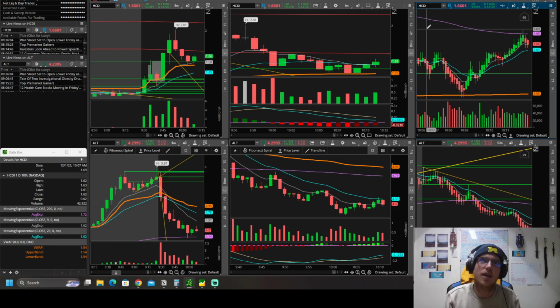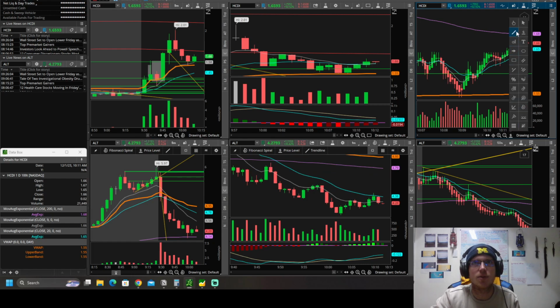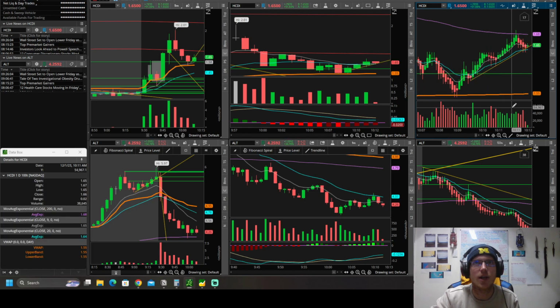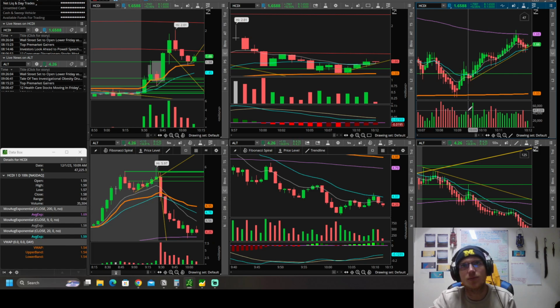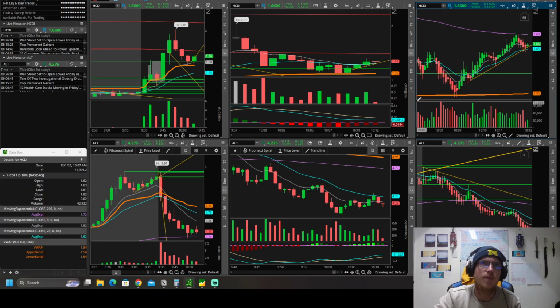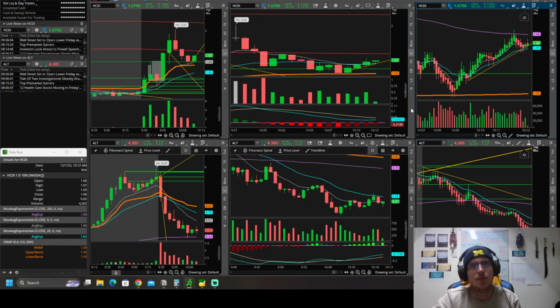Dip off 65 is another stair step off the ascending support. Draw that. Oh, come on now. Come on now. Some ascending support action. Stop is 64 for me. For 10 cents a profit.